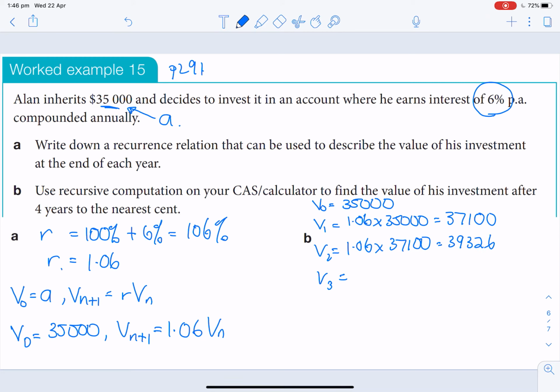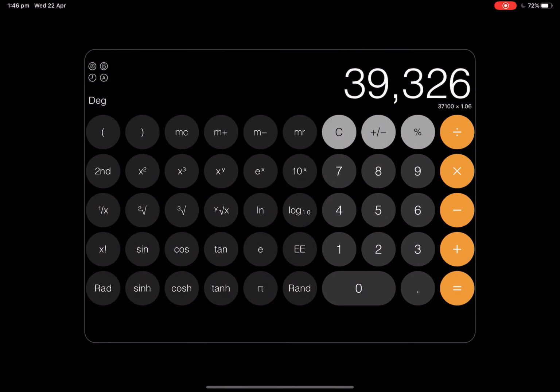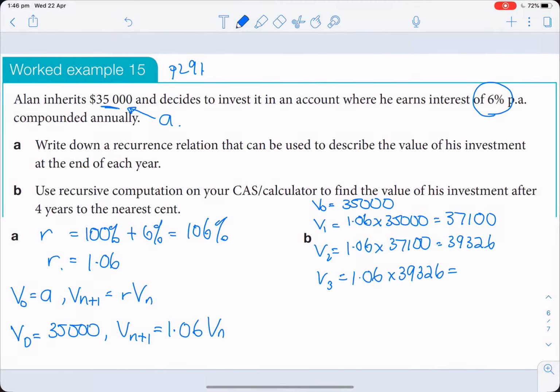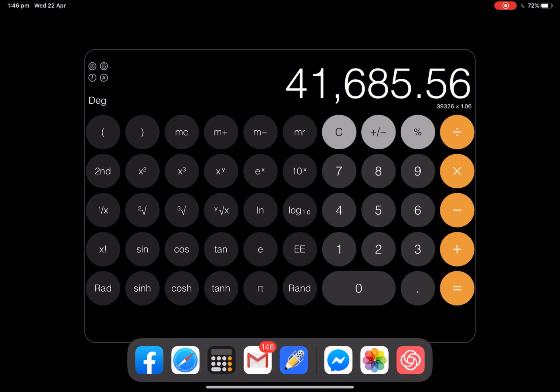V of 3 equals 1.06 by 39,326, which is 41,685.56.